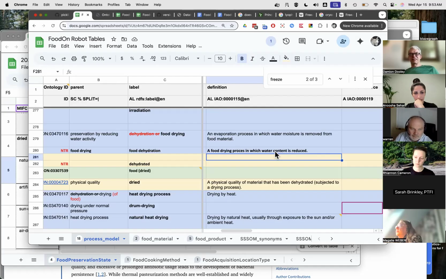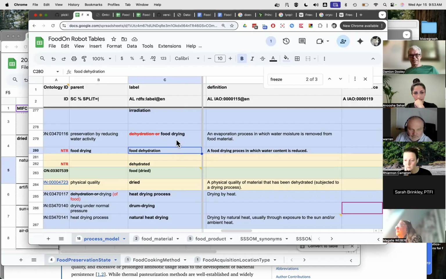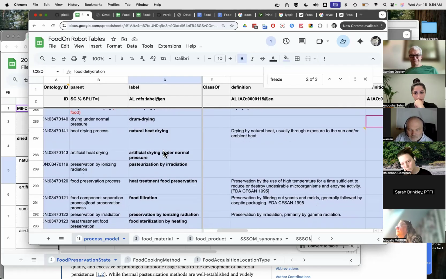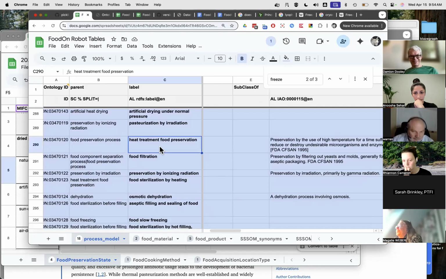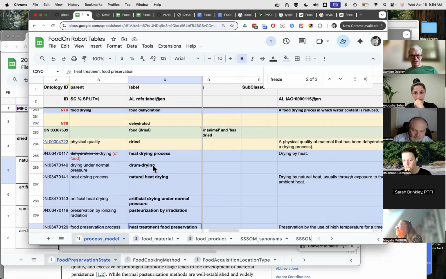Dehydration isn't necessarily committing to a process, but it is a subset. Is it a subset of processes? And there are other kinds of food drying. Does dehydration always involve some process, or could it be one of these other drying things? Or is it a kind of parallel description?